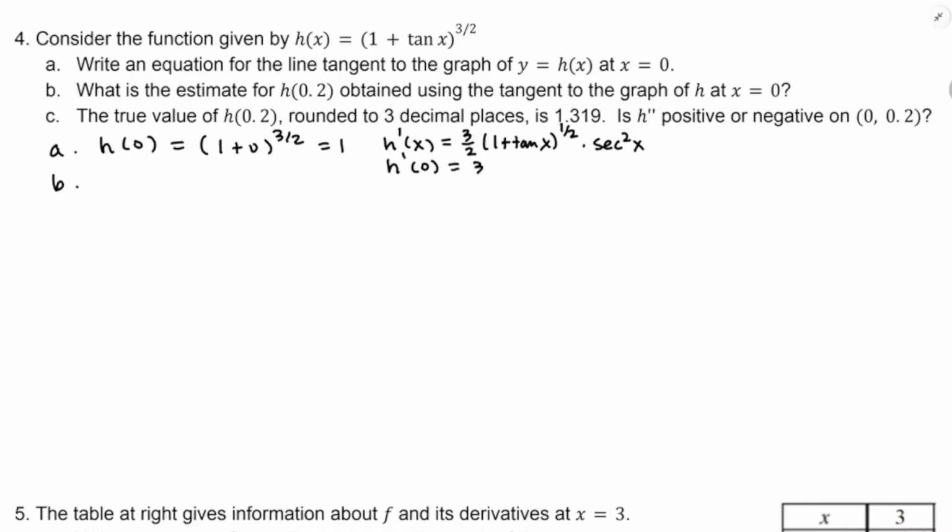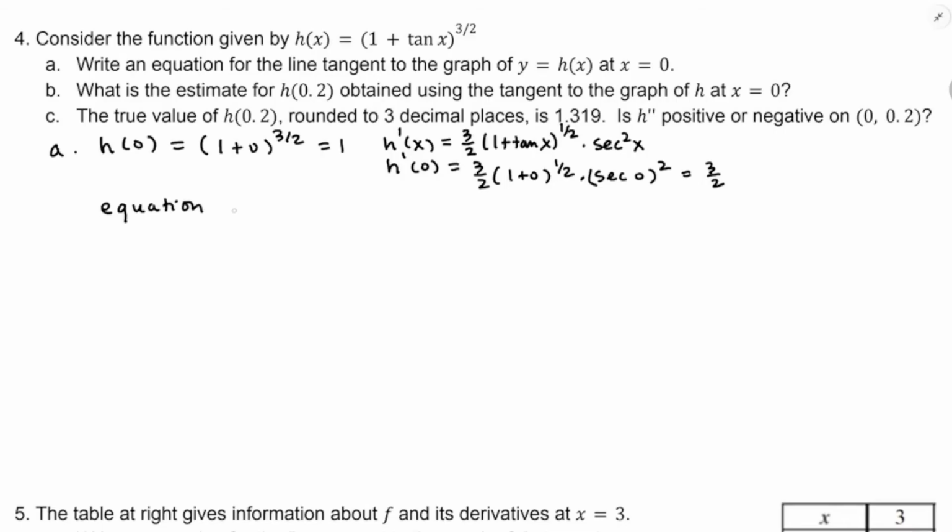That would be 3/2 times, again, 1 plus 0 to the 1/2 power times secant of 0 squared. Okay, well, secant 0 is 1 over cosine 0. We know cosine 0 is 1. So this is just going to be another 1. And this is going to equal 3/2. Okay, so I'm still not ready. I have that written there. Makes me want to move on to part B.